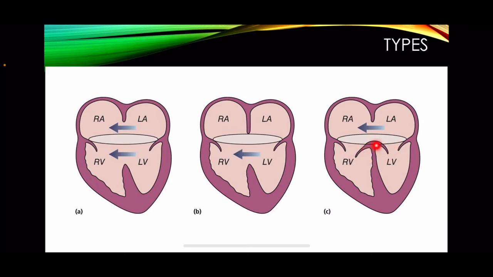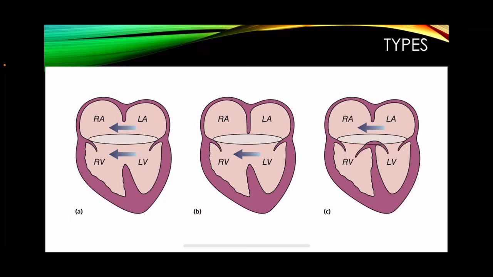Also this common AV valve now has two orifices. So at this time we have a left AV valve and a right AV valve. We cannot say that this is mitral and this is tricuspid, because they are completely different and completely abnormal valves. So we call them the left AV valve and the right AV valve.